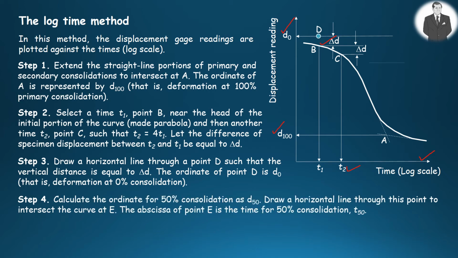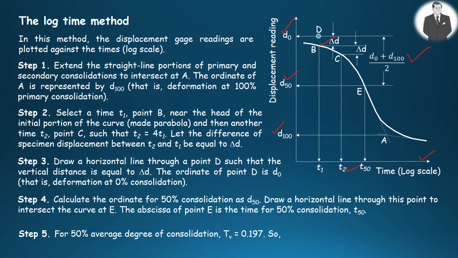The fourth step is to calculate the ordinate for 50% consolidation as d sub 50. Draw a horizontal line through this point to intersect the curve at E. The abscissa of point E is the time for 50% consolidation.